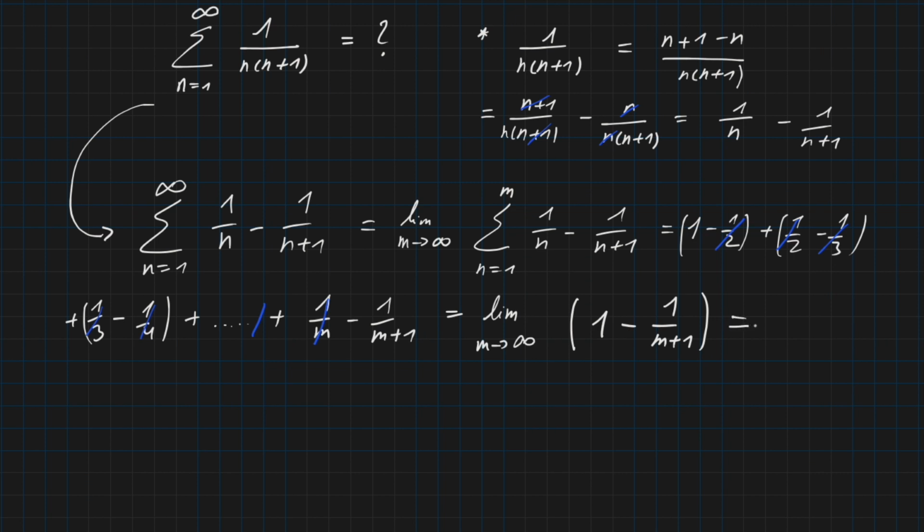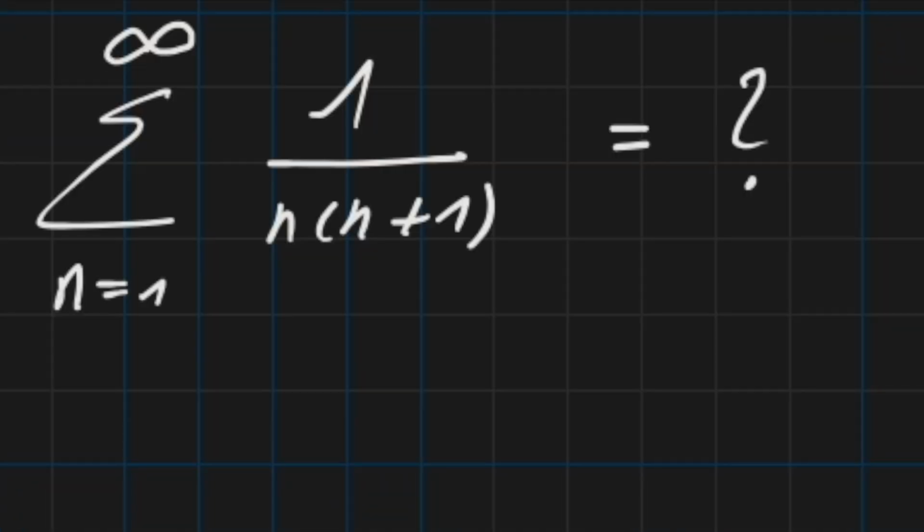So for this reason, the whole term tends to 1. Which means our original series is convergent indeed, and the value of the whole sum is exactly 1, meaning the series is converging against 1.